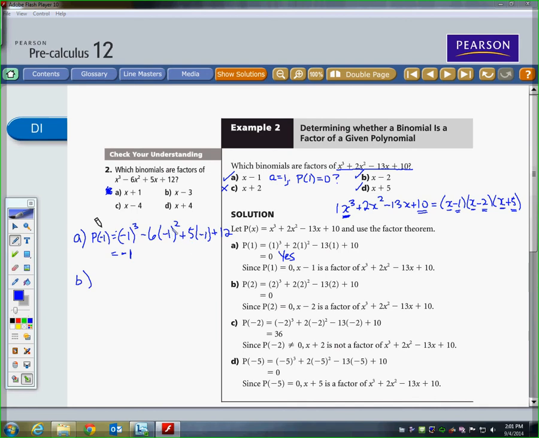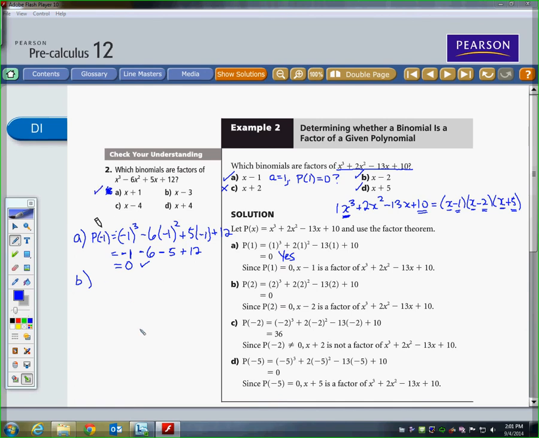Negative 1 multiplied by itself an even number of times becomes positive 1, and then it gets multiplied by negative 6, so it's negative 6. 5 times negative 1 is minus 5 plus 12. Negative 1 and negative 6 and negative 5 is negative 12. Negative 12 plus 12 is equal to 0. Oh, it's so good I caught that one. So the remainder is 0, so this is a factor.